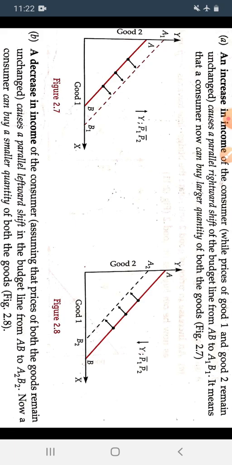If income decreases, with prices unchanged, the curve will shift to the left, and the consumer can purchase a smaller quantity of both goods.